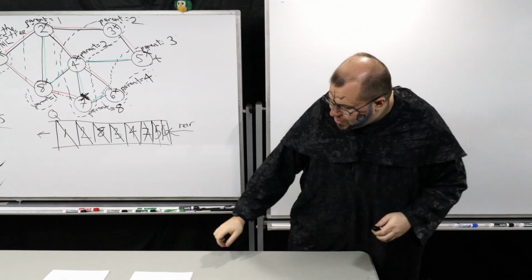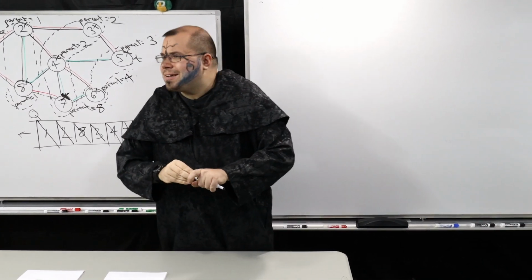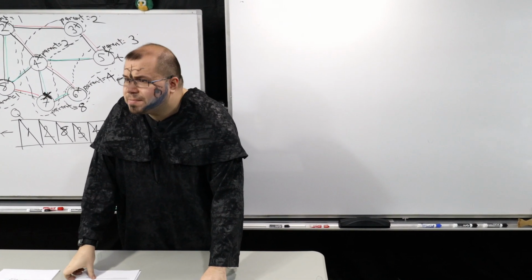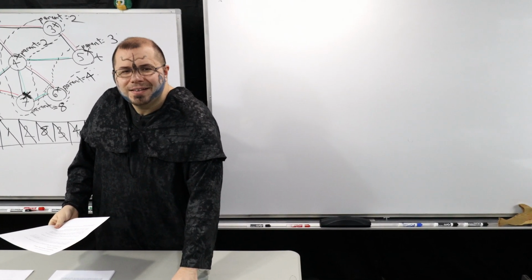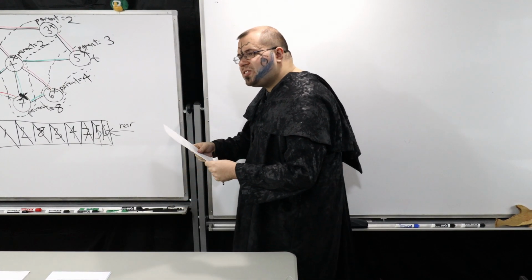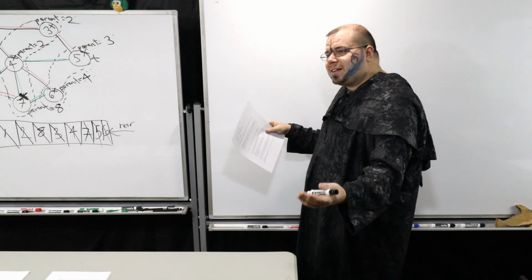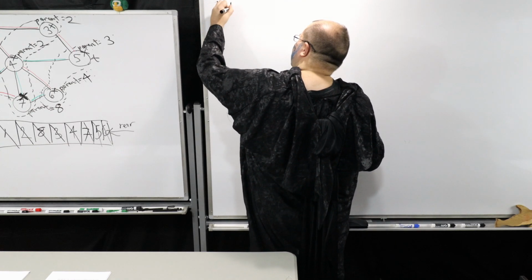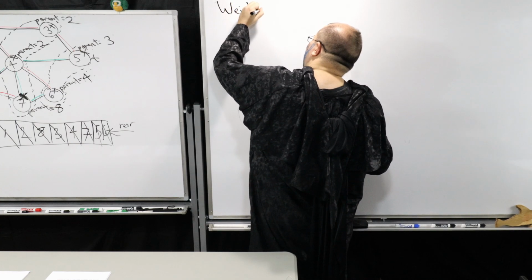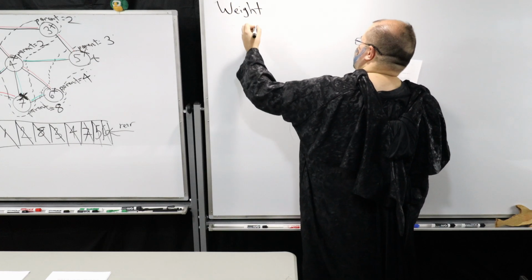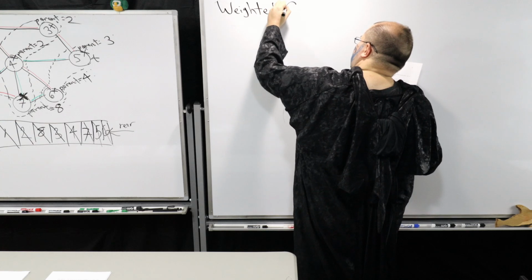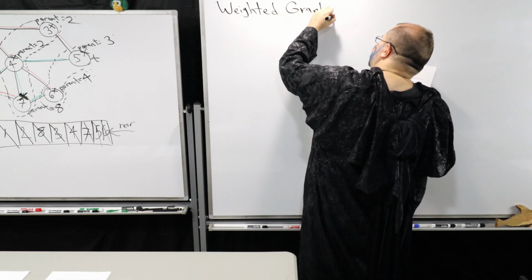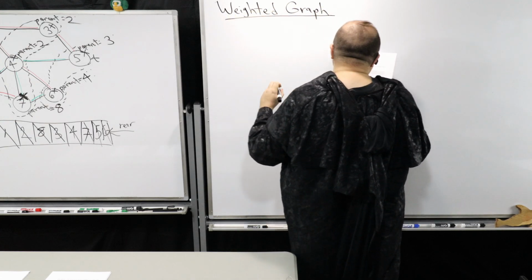Okay, so I want to consider a weighted graph. Up to this point we've talked about undirected and directed graphs. We talked about a whole bunch of terminology. You can talk about graphs where they actually have weights or costs on the edges or even the vertices. We're going to look at when the edges have costs on them.